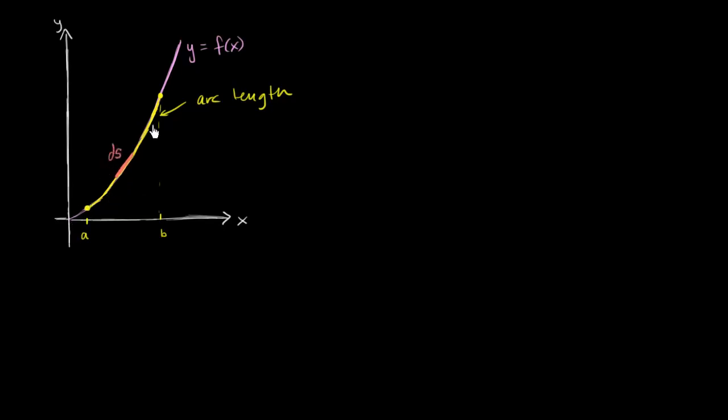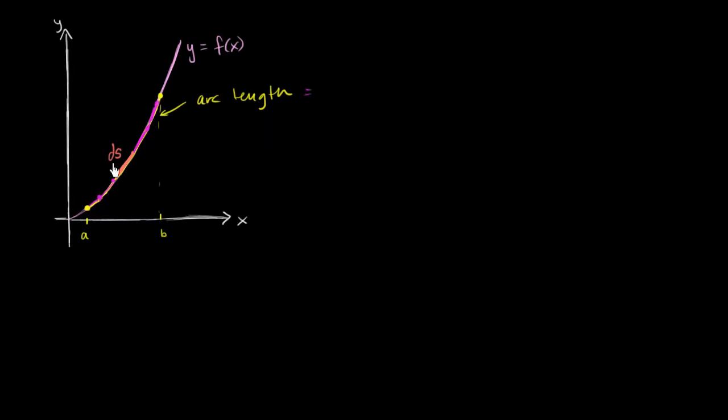And what do I mean by breaking it up into these ds's? Well, if that's a ds, and then let me do these others in another color, that's another infinitely small change in my arc length, another infinitely small change in my arc length. If I summed all of these ds's together, I'm going to get the arc length.